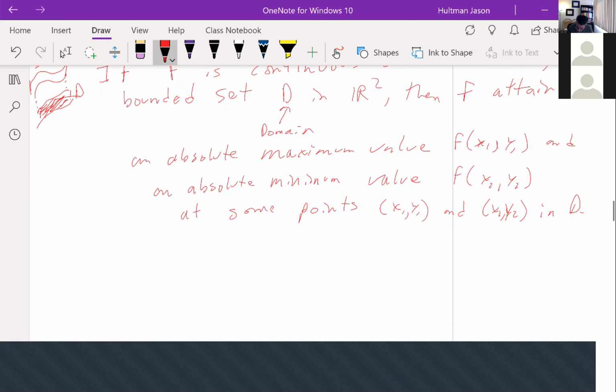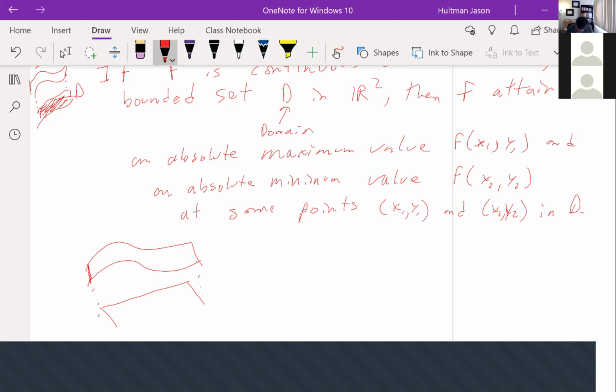So it's just saying, look, if I restrict my domain, let's take this sheet in 3-space, and I restrict my domain to just this sheet here. What would the domain be?